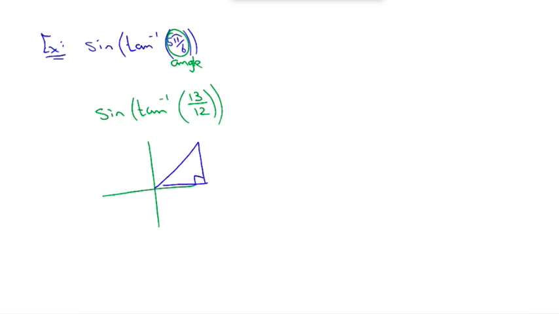Can tangent take something bigger than 1? Yeah, tan inverse can take something bigger than 1. It goes to negative infinity to positive infinity, so that's pretty safe. Tangent by itself is adjacent over, no, opposite over adjacent. So opposite would be 13, adjacent would be 12. This is the angle that we're working with.